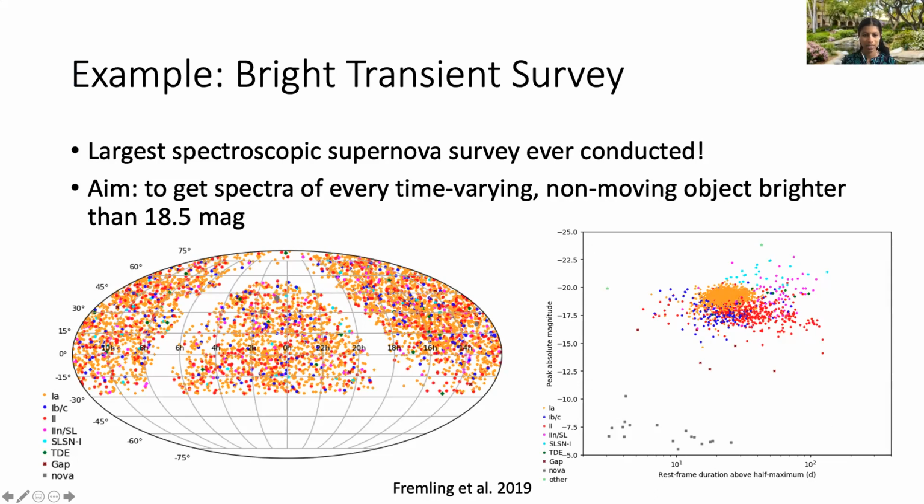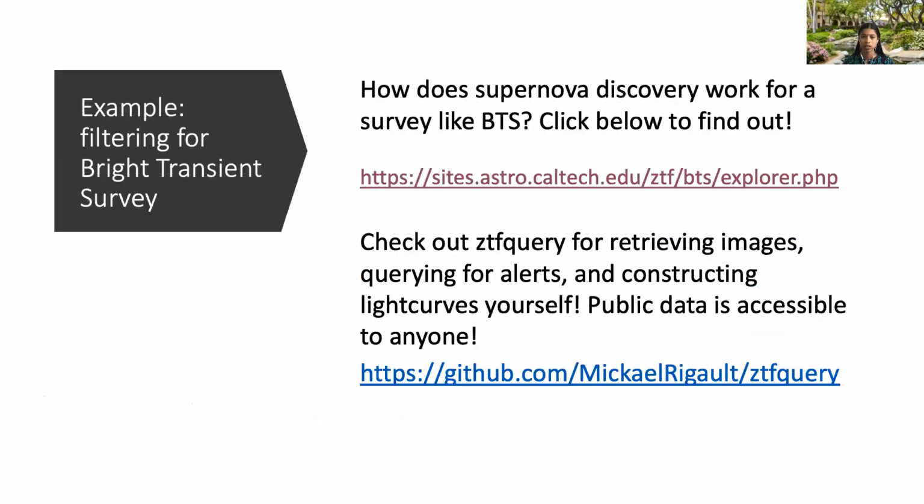And you can see where the transients are falling in this phase space based on the transients that were detected in this survey. And so by building this complete set of objects, you can do all kinds of additional science and know that you have a near complete sample, which is really fantastic.